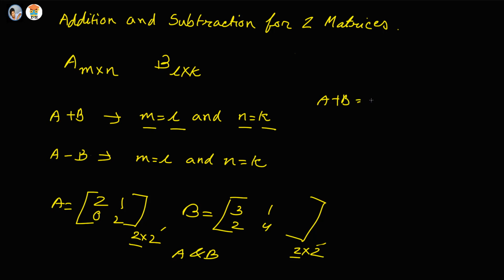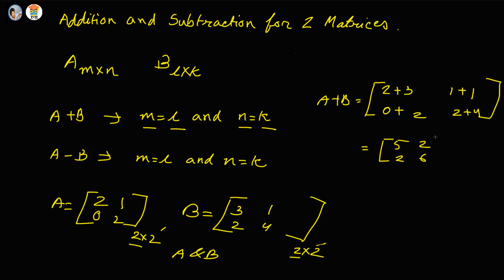A plus B is equal to, we add each element, we will write 2 plus 3. 2 is from A matrix and 3 is from B matrix. 0 plus 2, this 0 and this 2. Then 1 plus 1 and 2 plus 4. So what do we have? We have 5, 2, 2, 6.